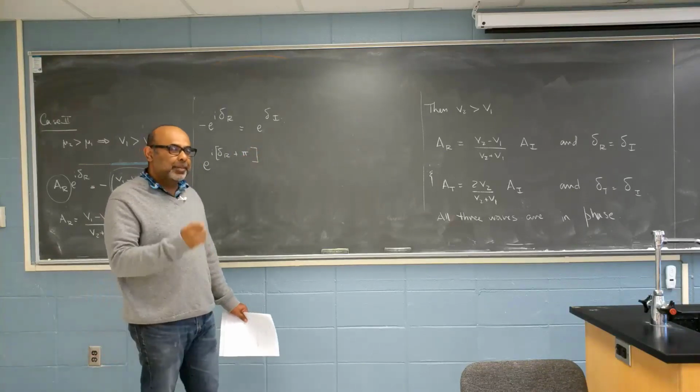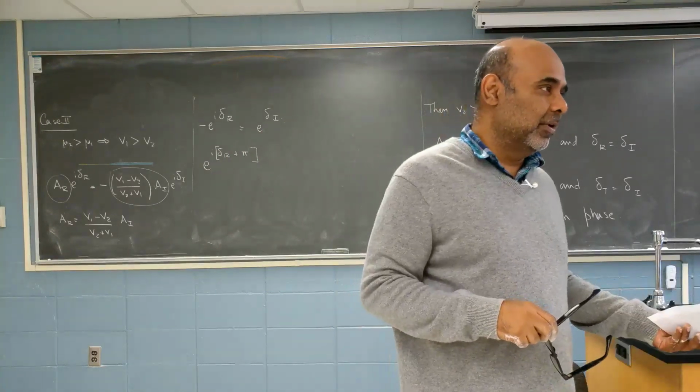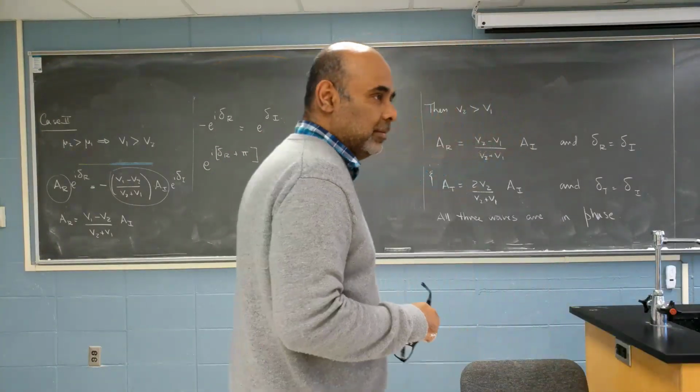Because what is e to the i pi? It's cosine pi plus i sine pi. Sine pi is 0 and cosine pi is minus 1.